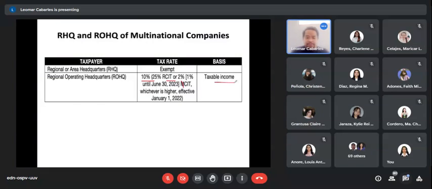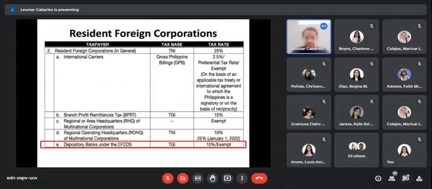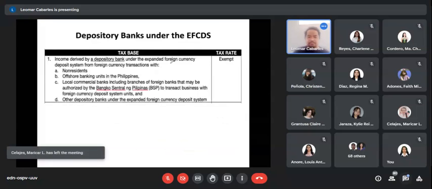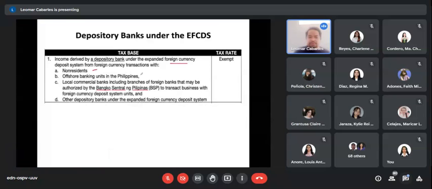The last part is FCDU. Okay, so gross ang basis, 10% exempt. So, pag meron siyang income sa FCDU, sa mga non-resident, offshore banking units, local commercial banks, then other FCDU, exempt.